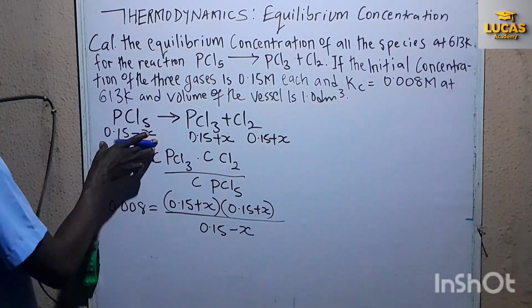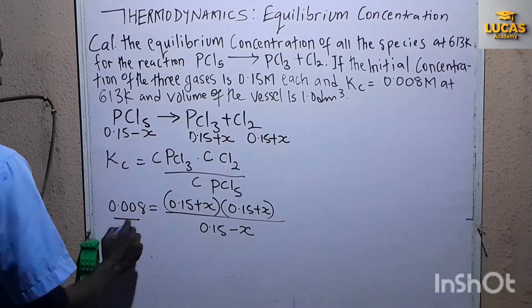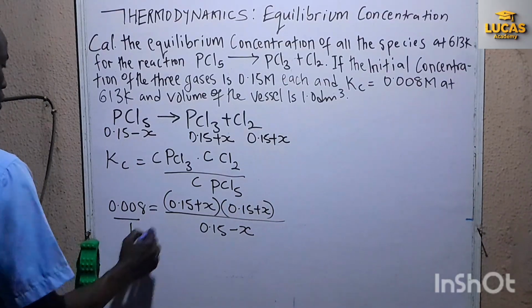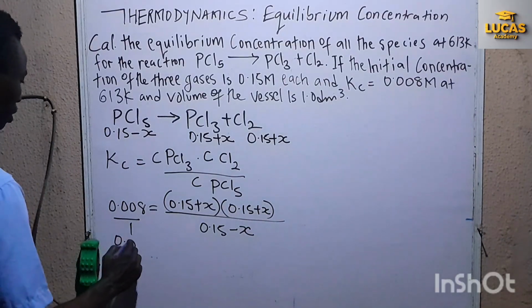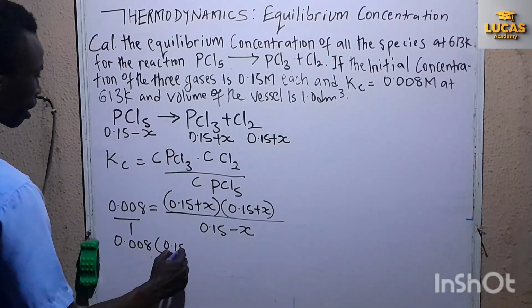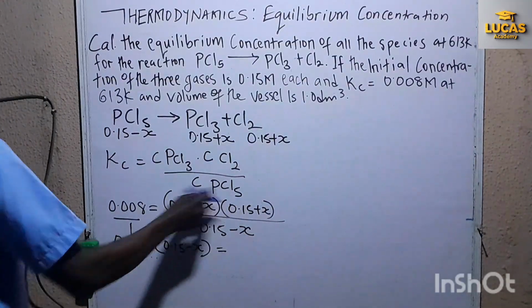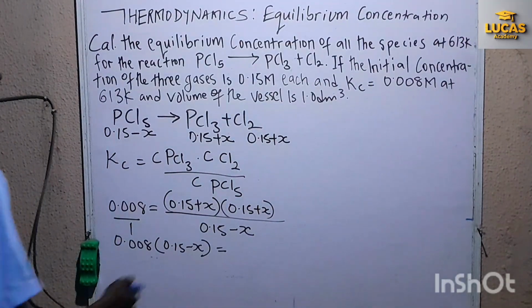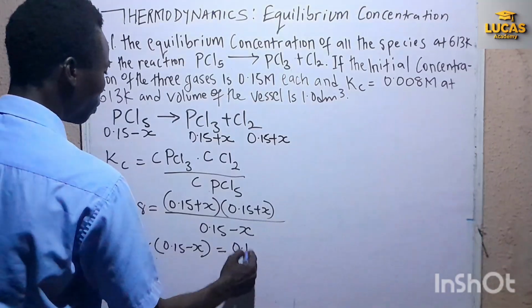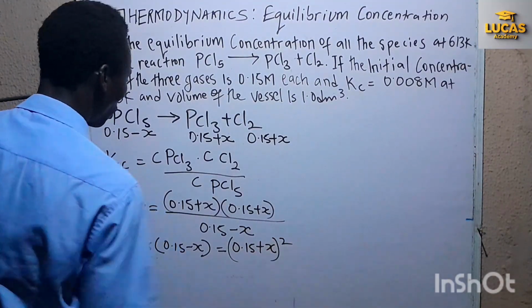Okay, because this one here is the reactant. So what are you going to do next? Mathematics says you should cross multiply. That will give you 0.008 into bracket 0.15 minus x, close bracket, equals the two of them that we have in this place, that is squared. We are going to have 0.15 plus x, then you square it up.